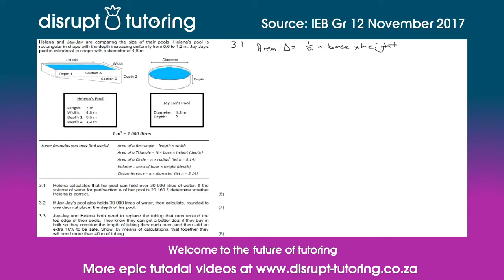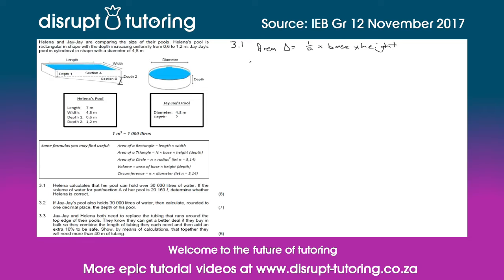So the base in this particular instance is this line over here, from this dotted line down to the bottom of the pool. And to get this value, depth 2 is the entire height of the pool, and depth 1 is the height from the shallow end. So to get this missing base of the triangle, we can take depth 2 minus depth 1.